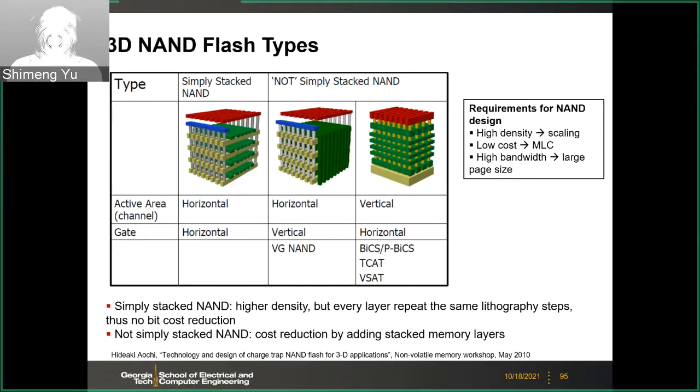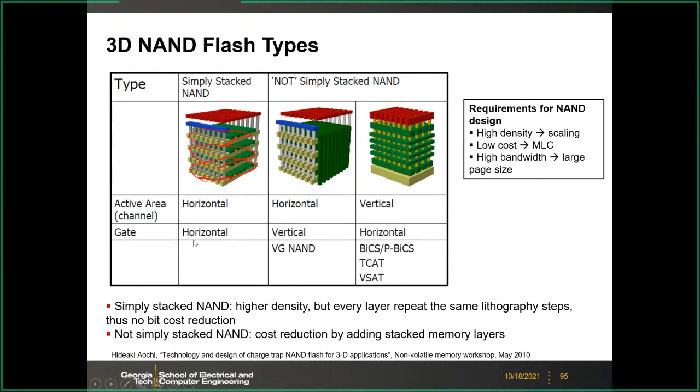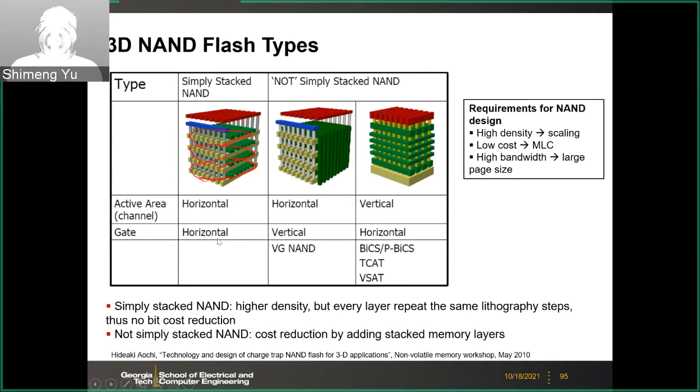You can repeat all the process layer by layer. In principle, let's say you first make your first layer as a 2D flash, and then you make your second layer and third layer. In this case, the channel will be horizontal, the gate will be horizontal. You just repeat the same process in the vertical dimension.